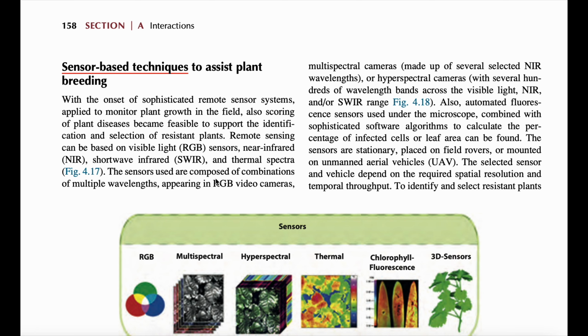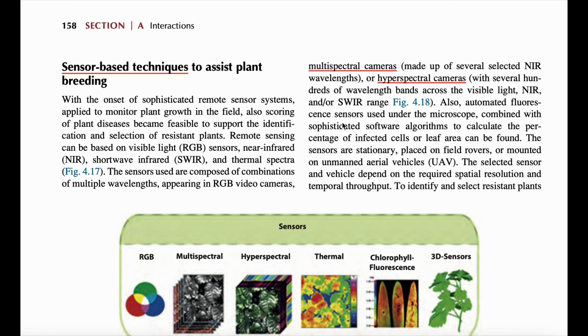The sensors used are composed of combinations of multiple wavelengths: RGB, which is the visible light, video cameras; multiple cameras made up of several selected NIR wavelengths, NIR being near infrared; or multispectral or hyperspectral cameras. Hyperspectral has several hundred wavelength bands across the visible light, infrared light, or shortwave infrared range.